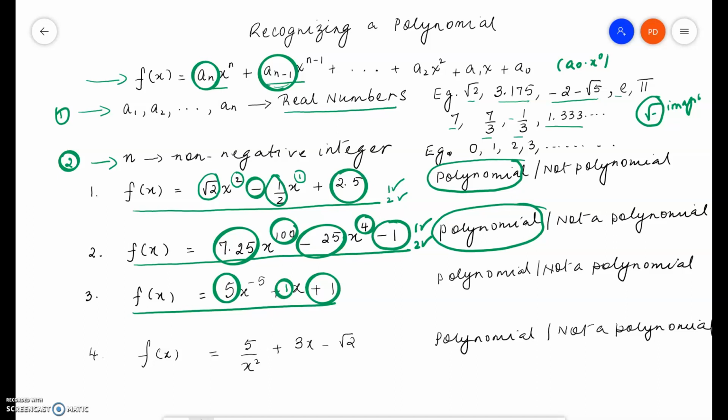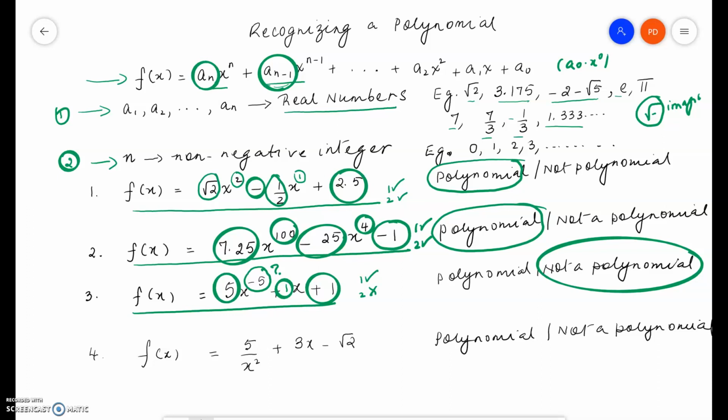But now let's check for the second condition, where all the exponents on the x have to be non-negative. So that's a problem, right? So therefore, the second condition is not satisfied. The exponent on x is a negative number. So therefore, it is not a polynomial.